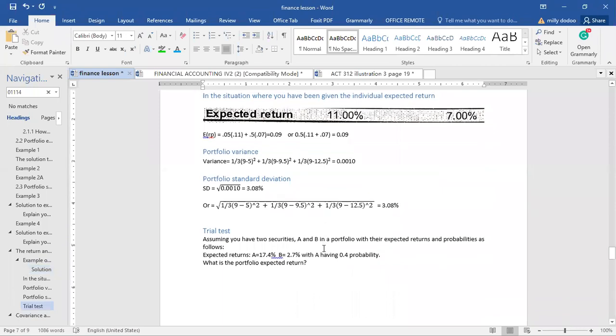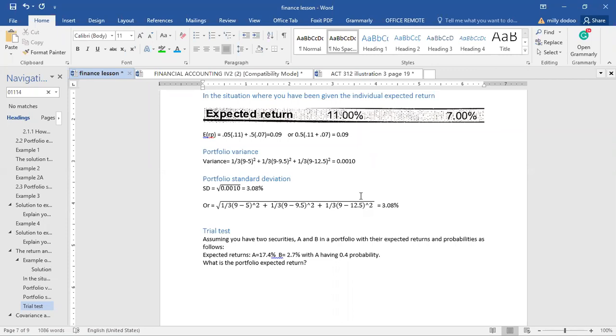Now, we also learned how to find the variance. You should also bear in mind that what we are doing now is portfolio. I told you from the initial stage that there's a difference between standalone investment and portfolio investment.